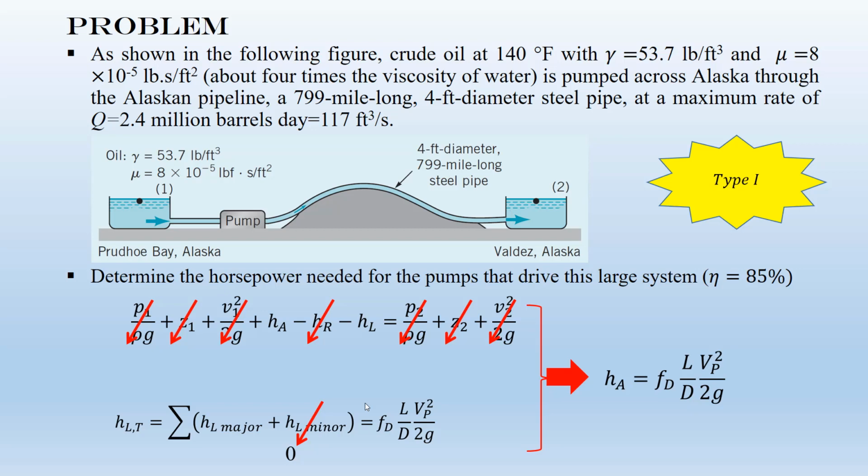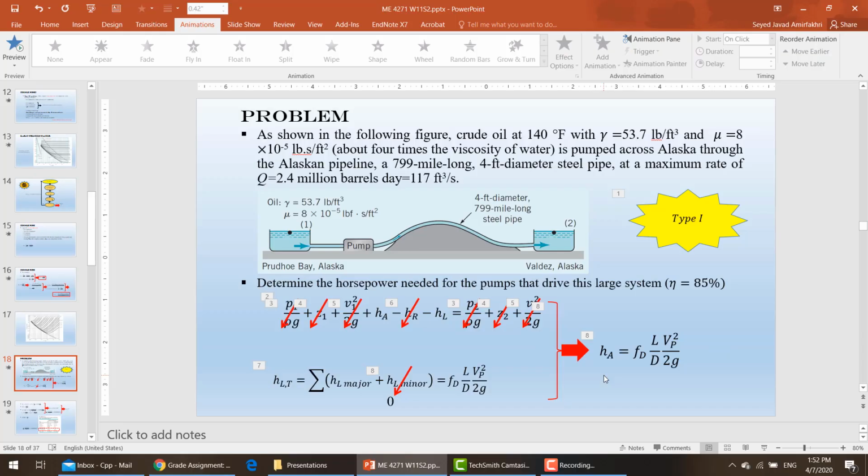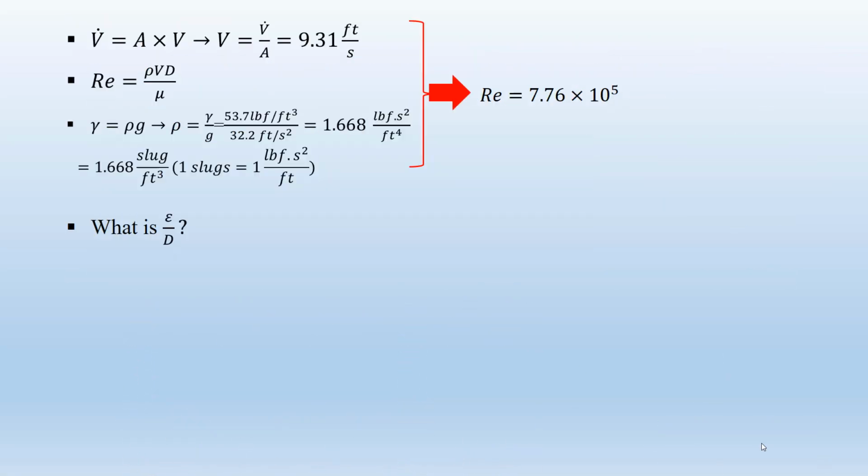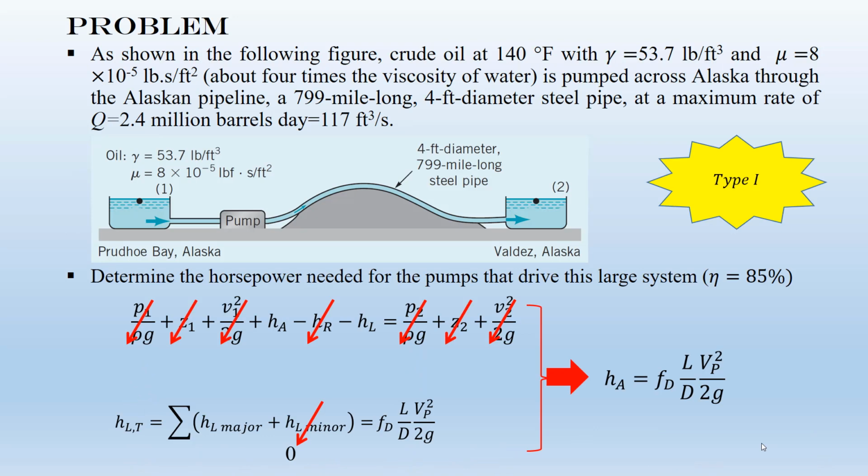But keep in mind, guys, that this HA will be in meters or feet, because it has the length and diameter, and then you need to convert it to power. So what we need to do, guys, is calculate the friction factor.